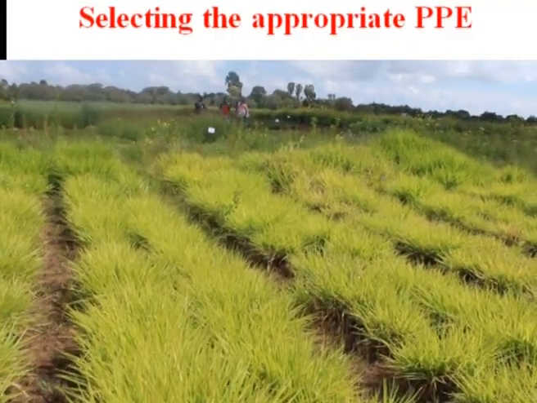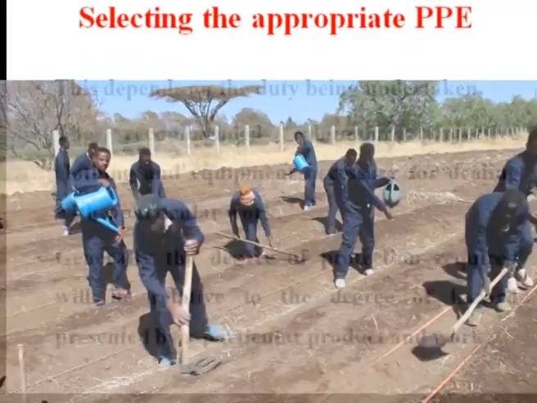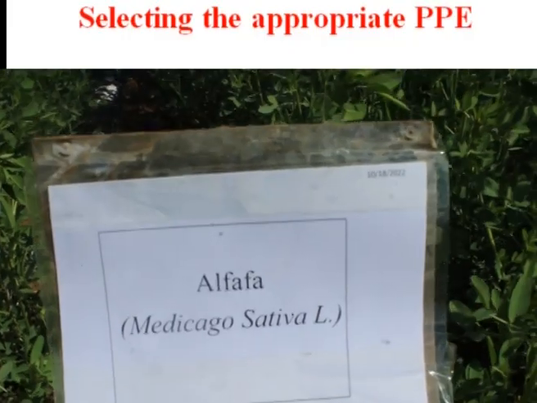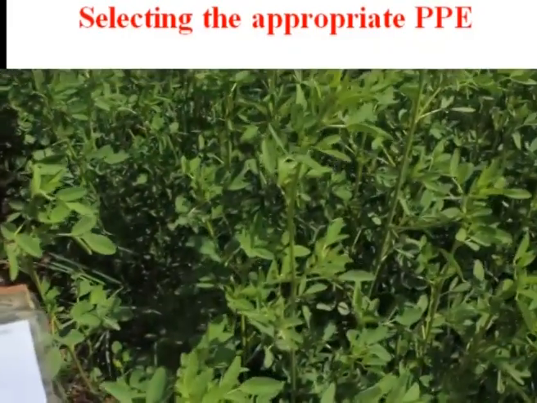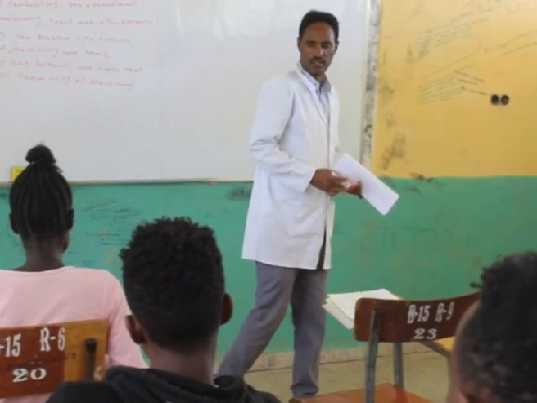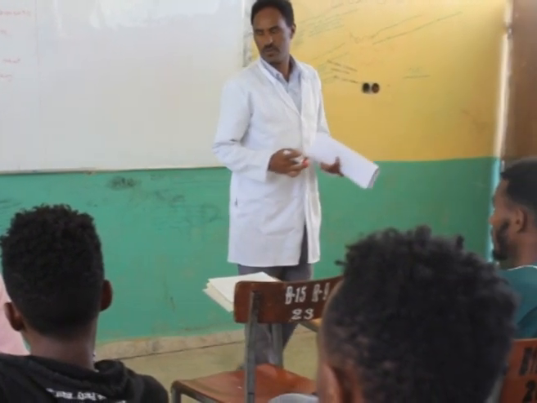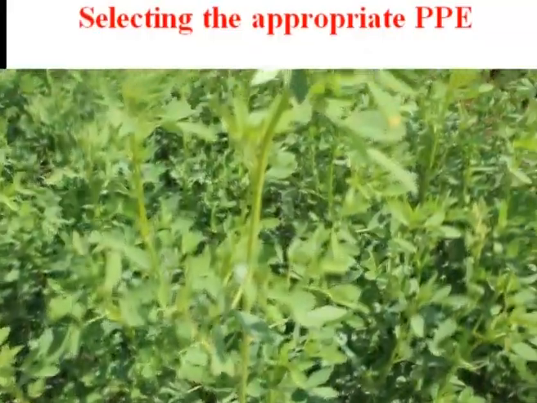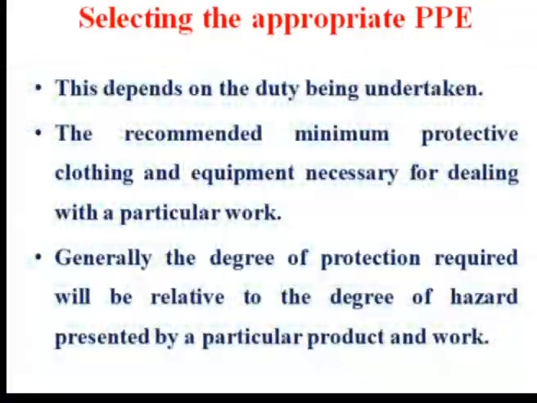This depends on the duty being undertaken and the chemical being used, but the workplace instruction and manufacturer direction should be used as a guideline. The recommended minimum protective clothing and equipment is necessary for dealing with a particular work. Generally, the degree of protection required will be relative to the degree of hazards presented by a particular product and work.